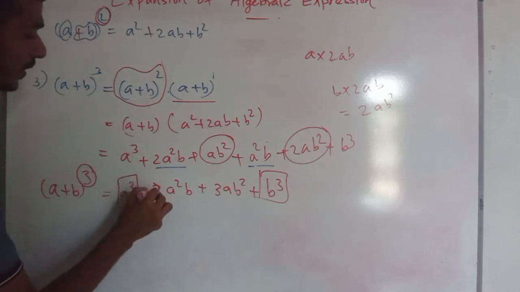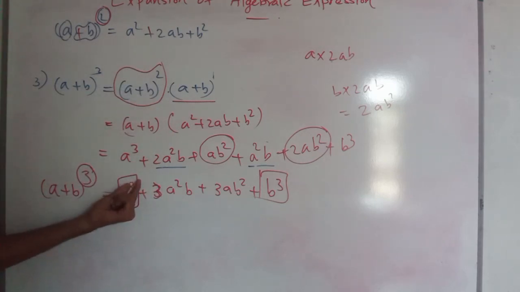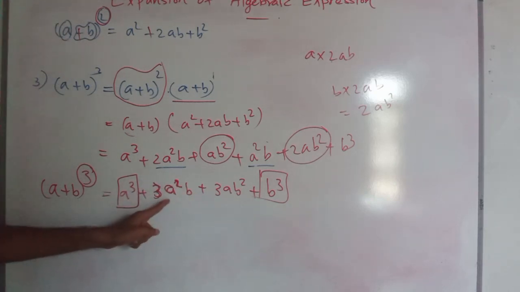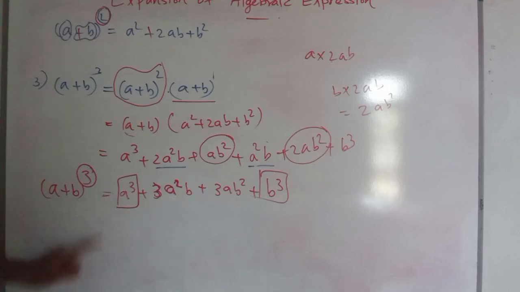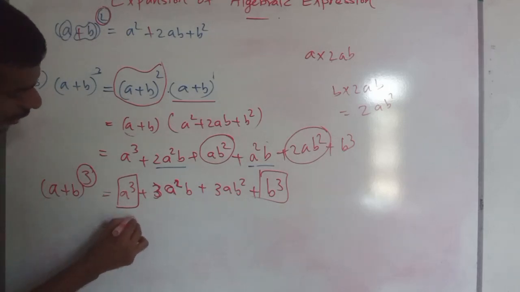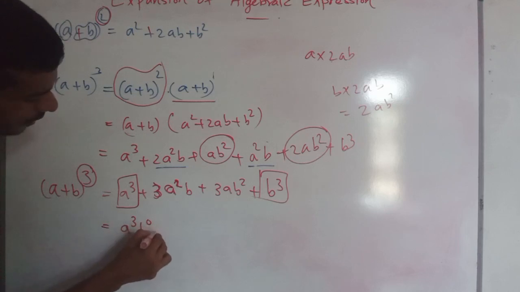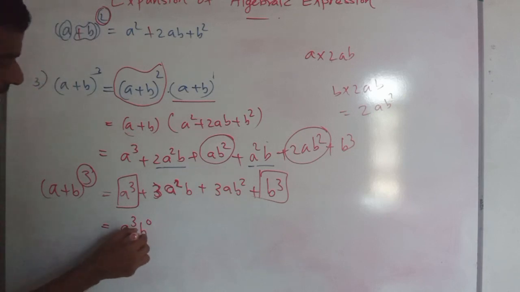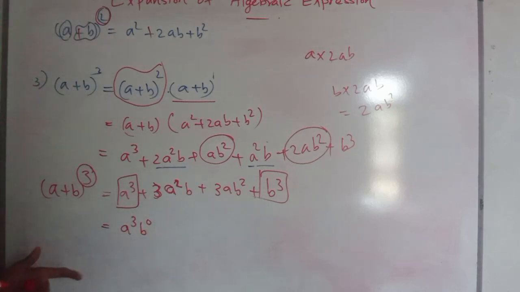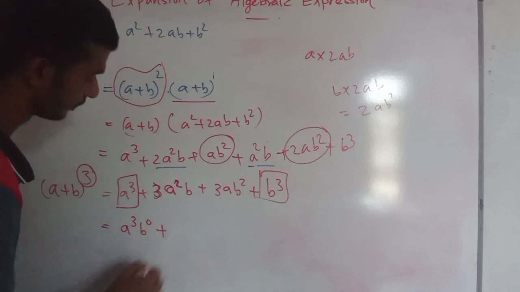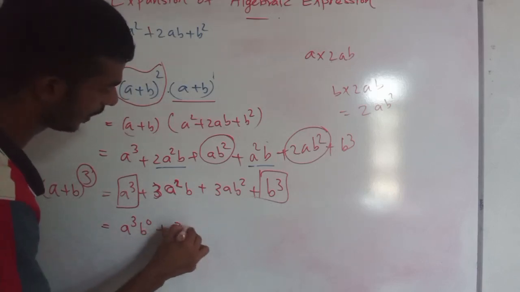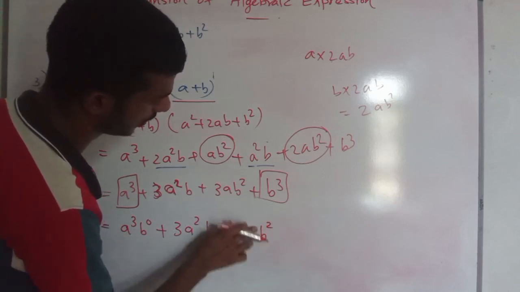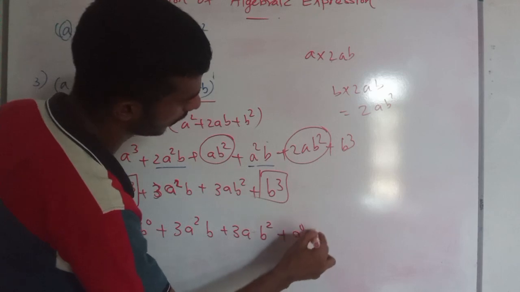Then you reduce one exponent of the first term, A². Then you have to write the second one. So this is basically like A³B⁰, and this is equal to 1. If I write in this way, you will understand better: A³ + 3A²B + 3AB² + A⁰B³, right?